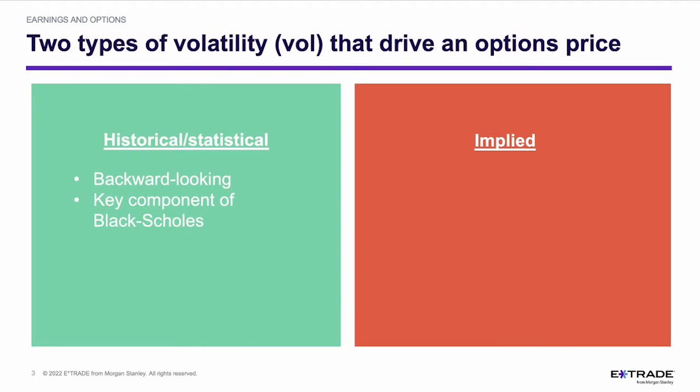This allows us to understand why an option has been trading at the values that it has. Again, it's backward looking though. Another thing that's important to understand is that historical volatility tends to revert to the mean. So if a stock has a mean volatility of 30 and it's been trading recently with a volatility of 40, we don't anticipate that it's going to stay at that higher level.